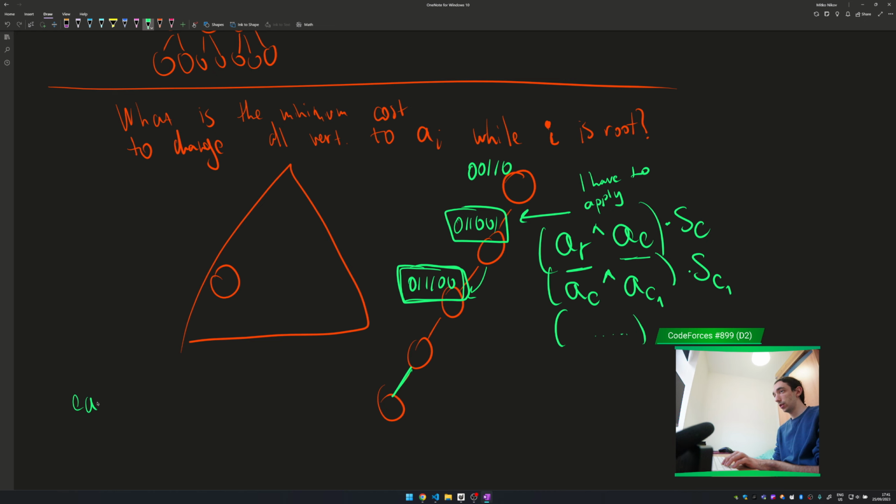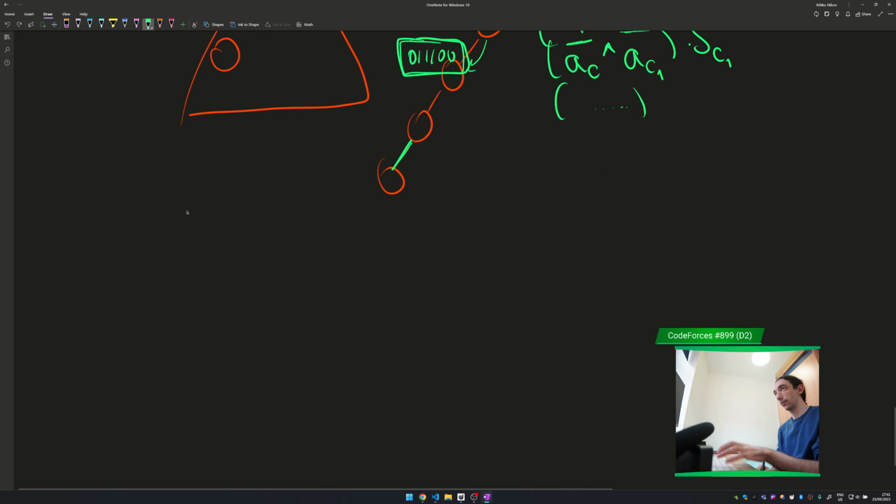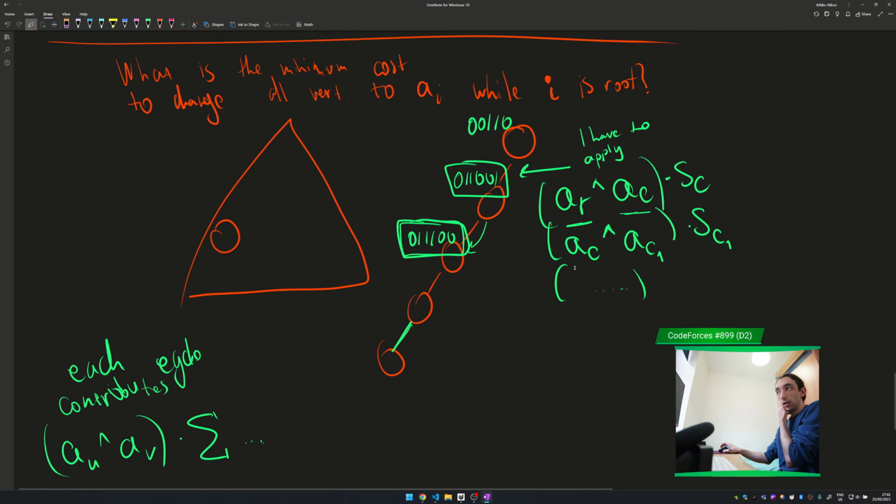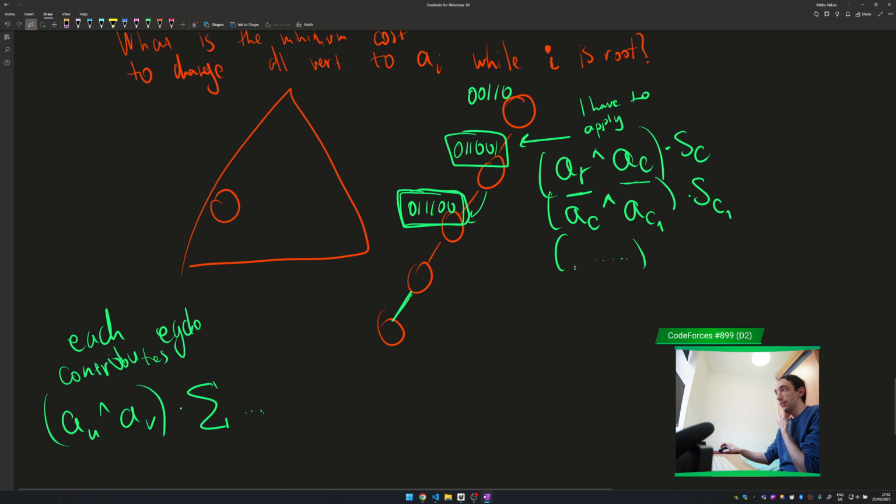So each edge contributes A_u XOR A_v times the sum of something. Now, what is this something?